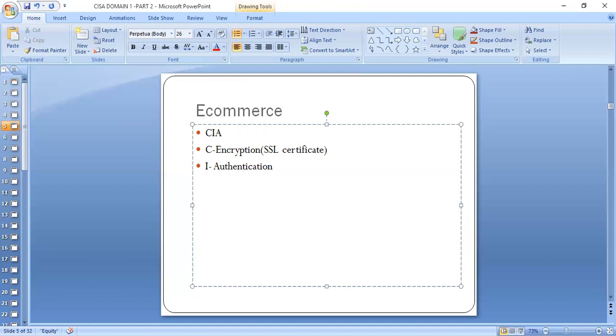The user must have a way of identifying himself to the system, and the system verifies or validates the identity. So we are looking at things like one-time password. For example, many websites have that now. OTP.